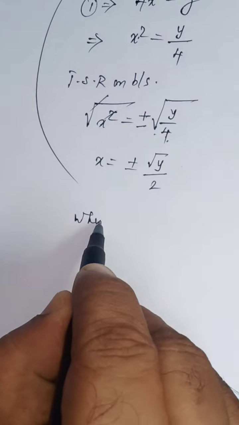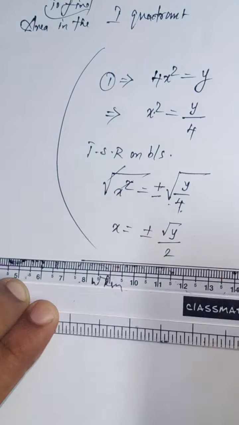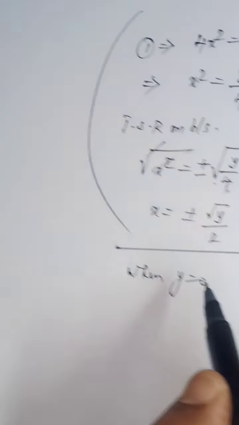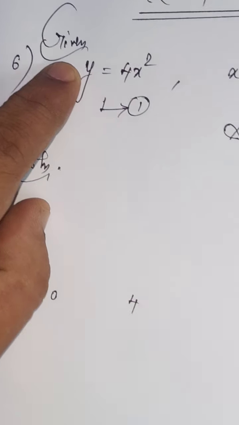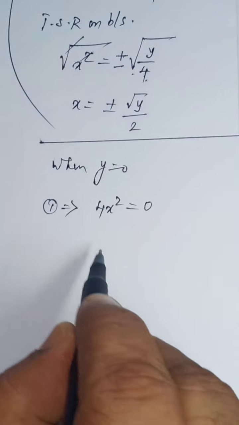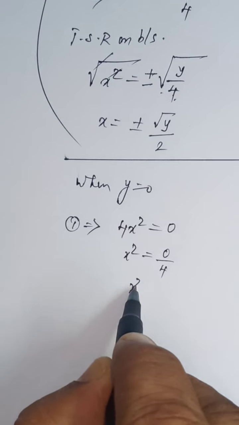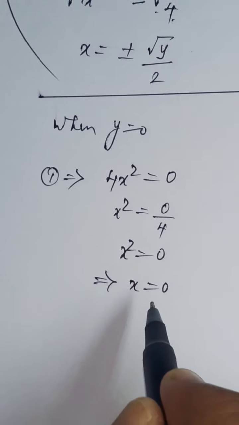When y equals 0, equation number 1 implies 4x squared equals y. What is the value of y? 0. Therefore, x squared equals 0 by 4. X squared equals 0 by anything is 0, which implies x equals 0.